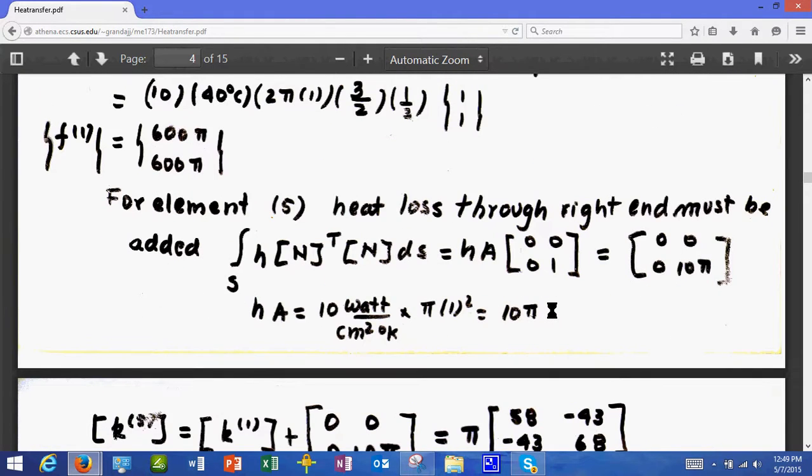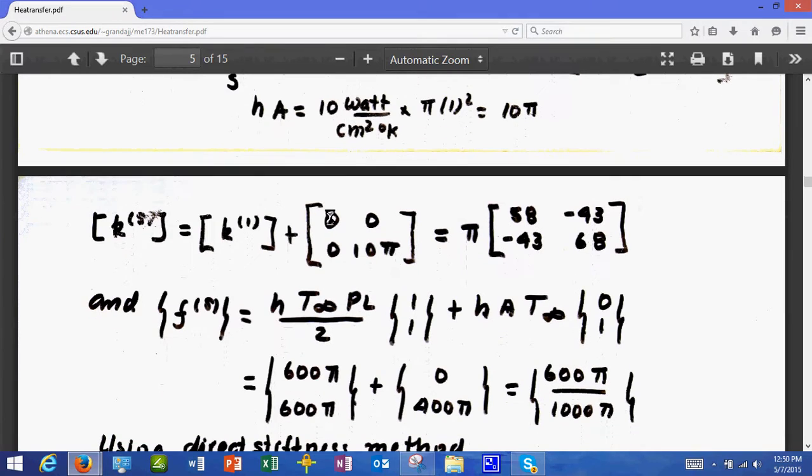Okay, this is a good way to figure out these quantities in here. Once you do one, the global stiffness matrix for one is not that different from the other finite elements.